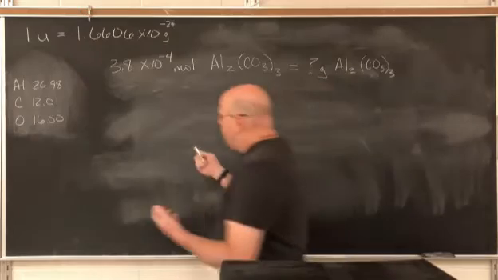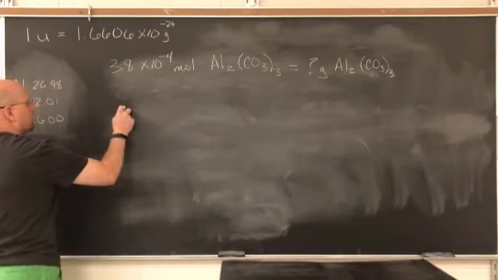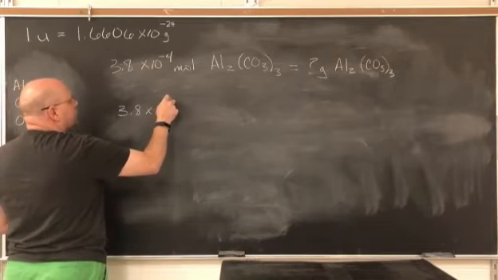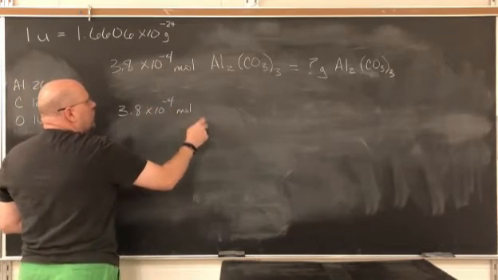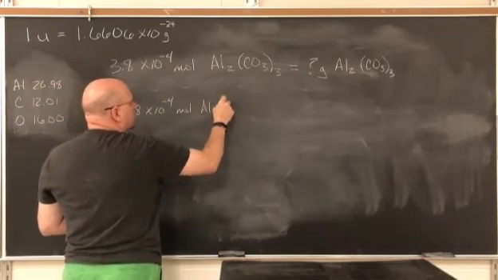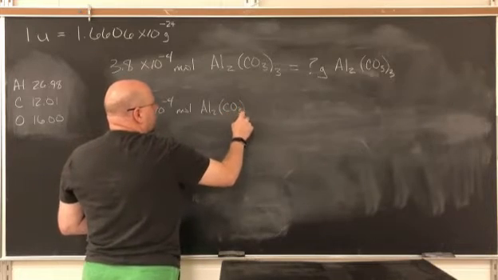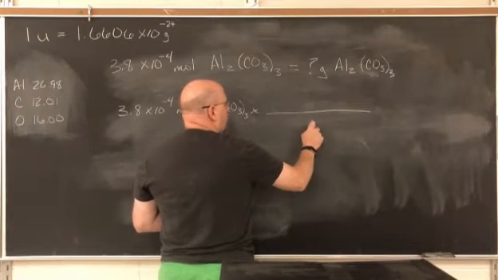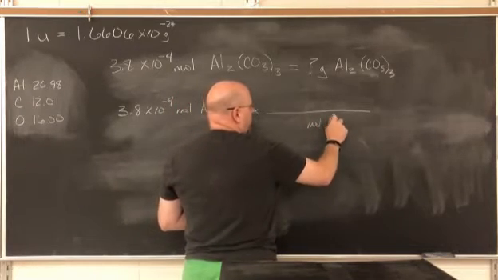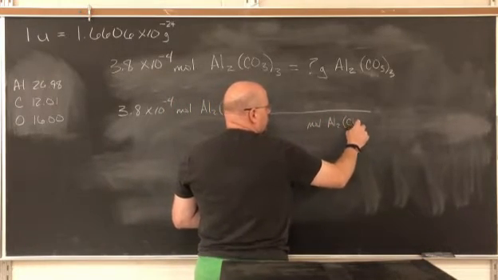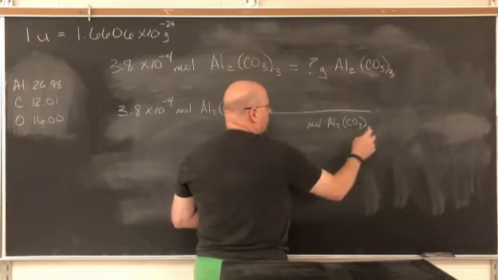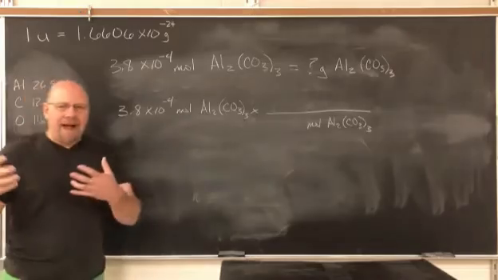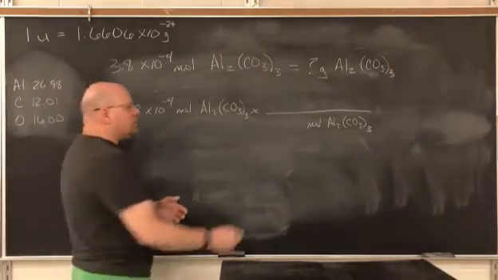So, as we start off with every conversion, write out what it is you are converting. 3.8 times 10 to the -4th moles of aluminum carbonate. Moles are going to go in the bottom. And we know that on the periodic table, the masses represent 1 mole to grams.